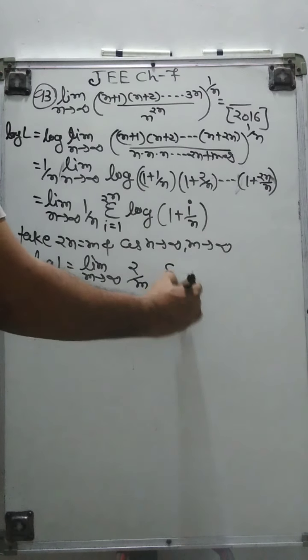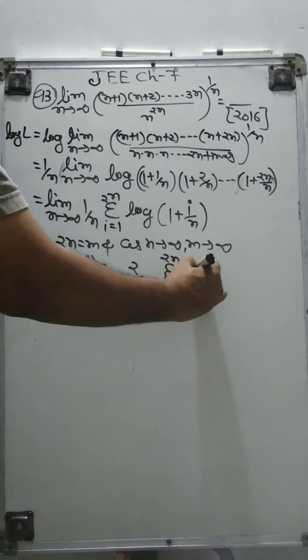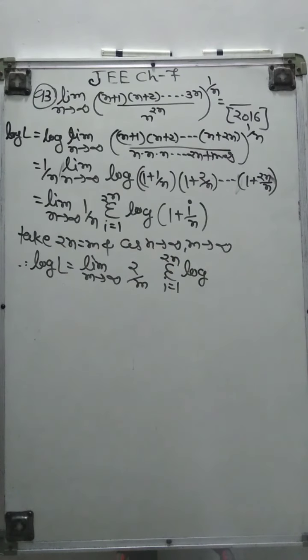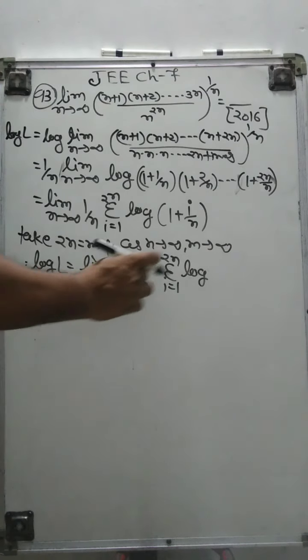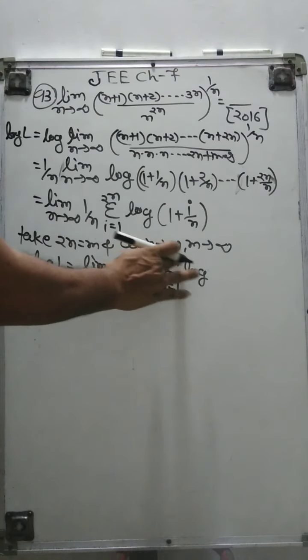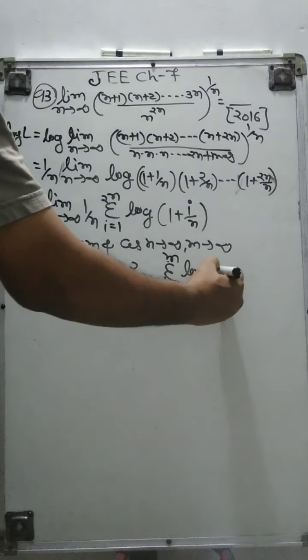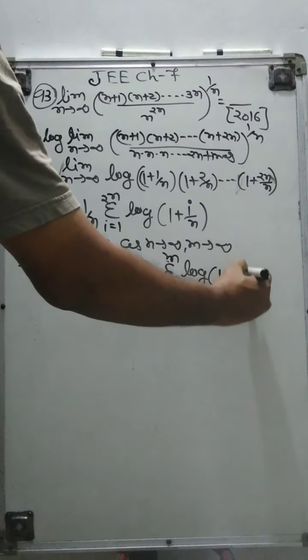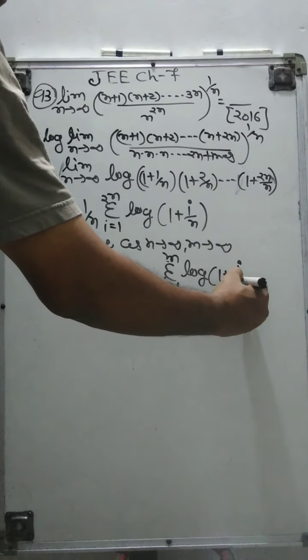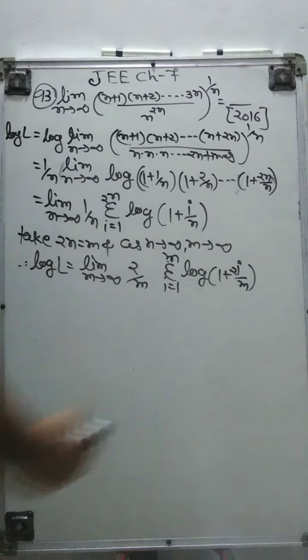Sigma i equal to 1 to 2n log, this 2n is equal to m, and log 1 plus i upon m by 2, means 2i upon m.